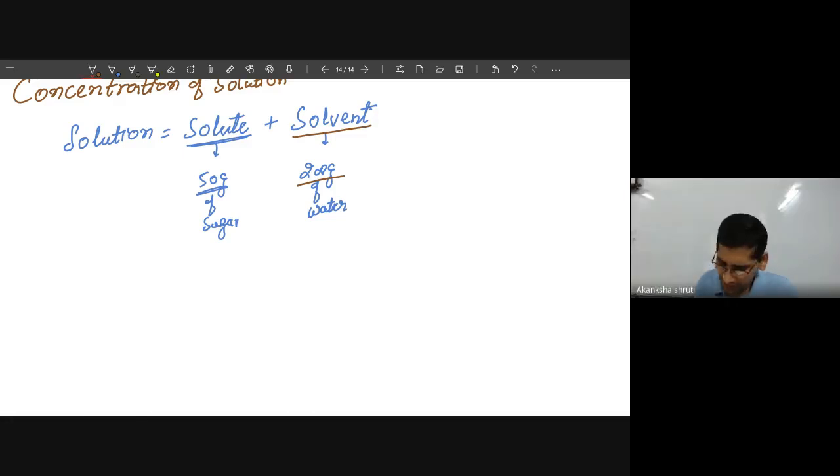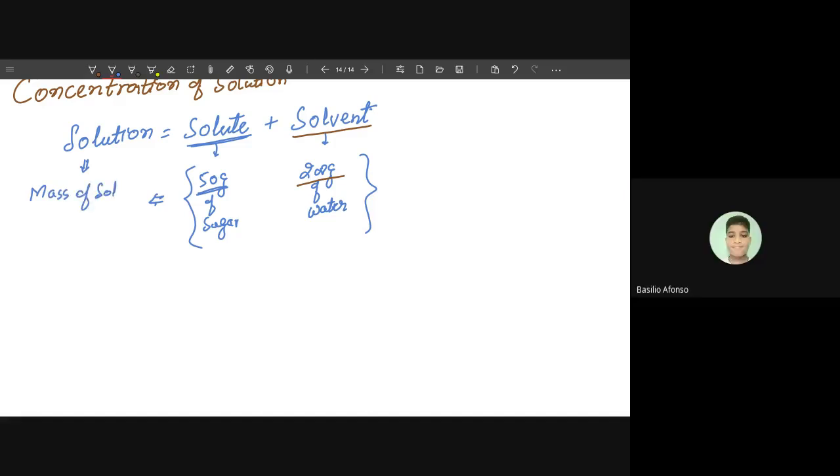Now, if I want to know the mass of the solution, since it is a mixture, meaning both are present together, what will be the mass of the mixture? These together have to be taken. So this gives us the mass of solution, 250 gram.